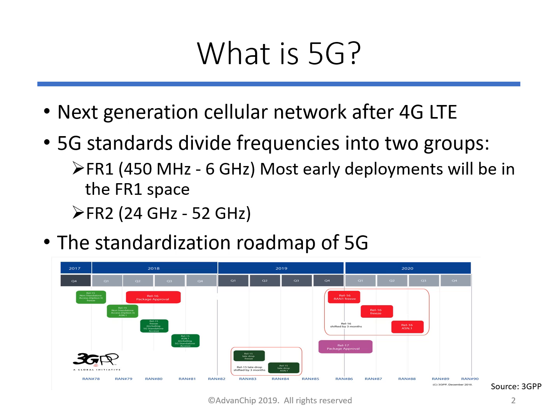Early Release 15 focused on non-standalone new radio, which adds a 5G base station to an LTE base station, while LTE is operating only in FR1. Regular Release 15 focuses on standalone new radio, which is a 5G base station without LTE involvement. 5G Release 15 initial delivery for non-standalone access was in late 2017.